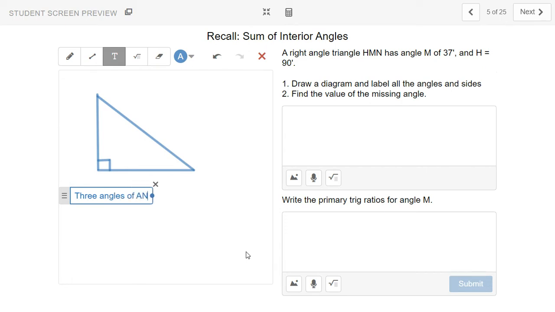The three angles of any triangle always add to 180 degrees.